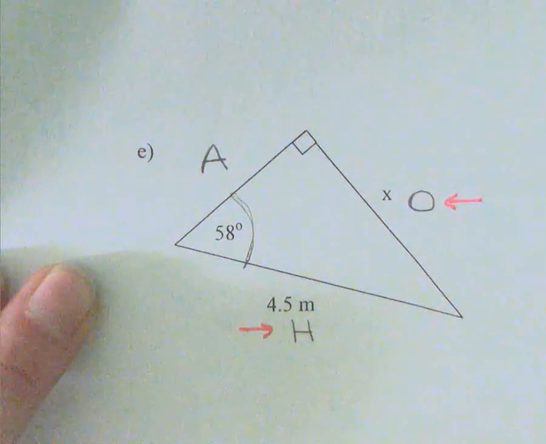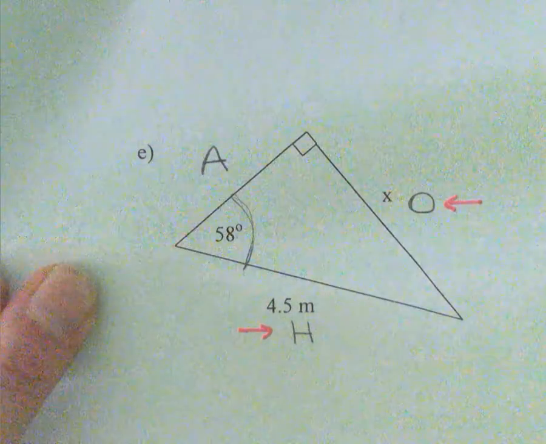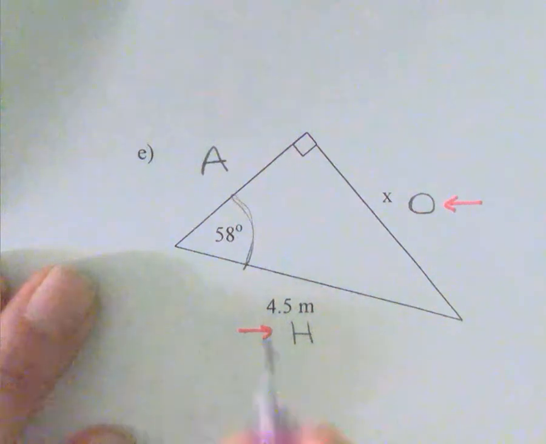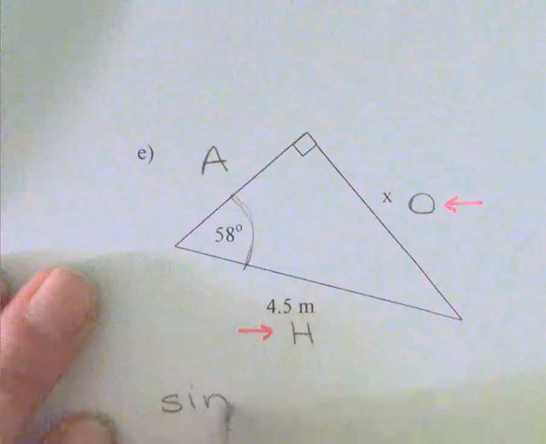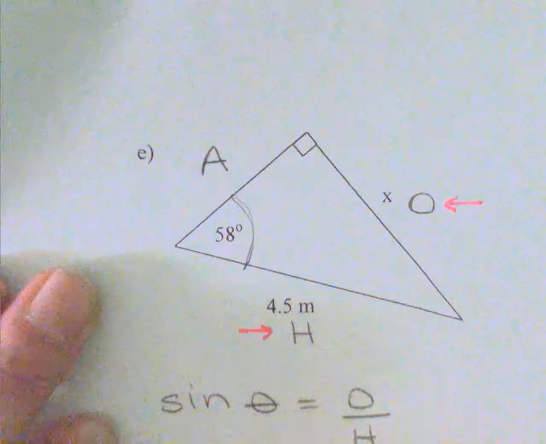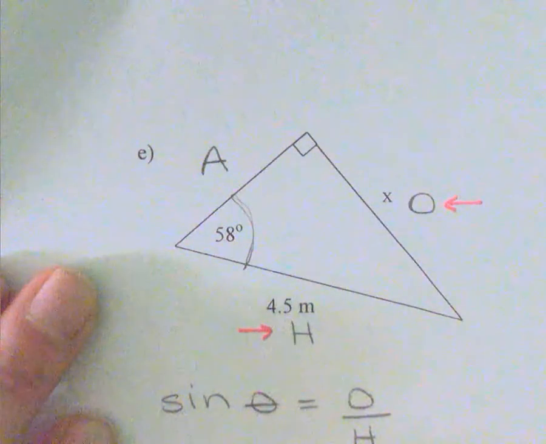There's nothing on the adjacent side, so I don't need to worry about it. So I want something that has hypotenuse and opposite, so that would be my sine ratio. So I have sine theta is opposite over hypotenuse. So sine 58 is equal to the opposite. I'm looking for this side length over hypotenuse.